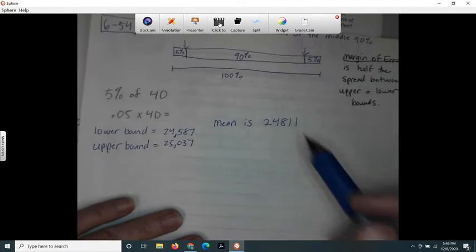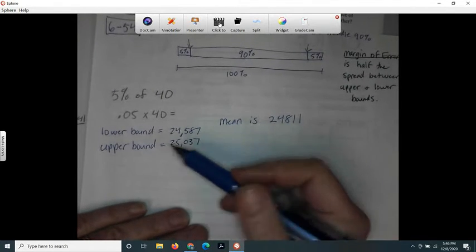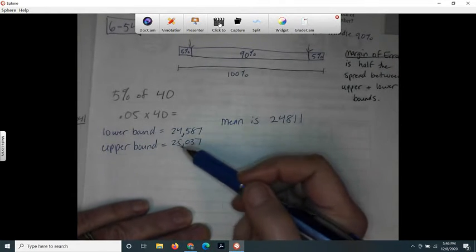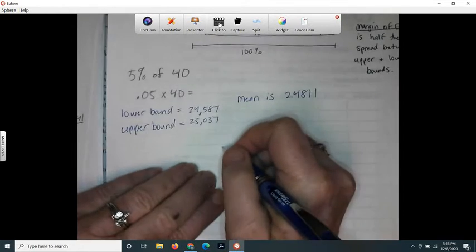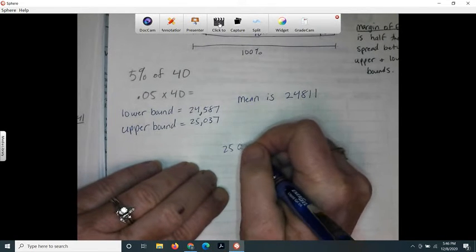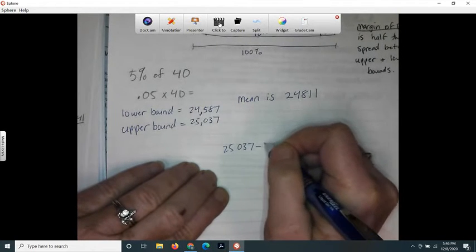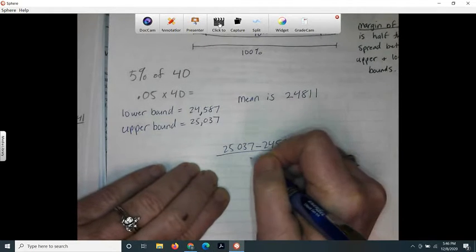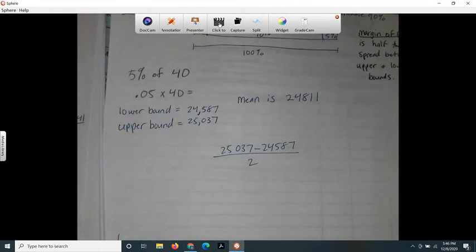So I can figure out the spread between the upper and lower bounds because I know my upper and lower bounds now. So the spread would just be minus, and I need half of the spread because that's what it says.